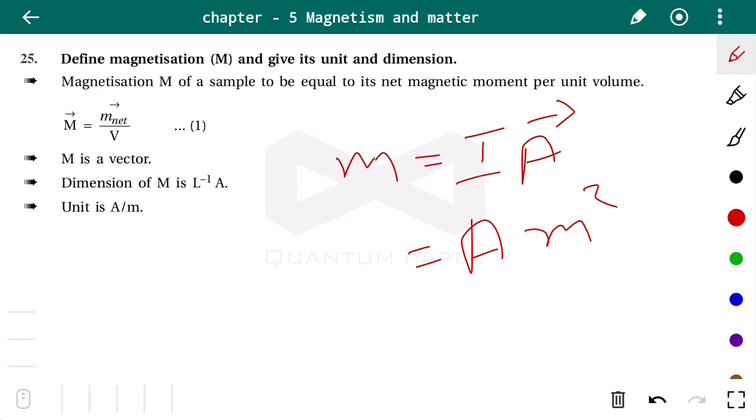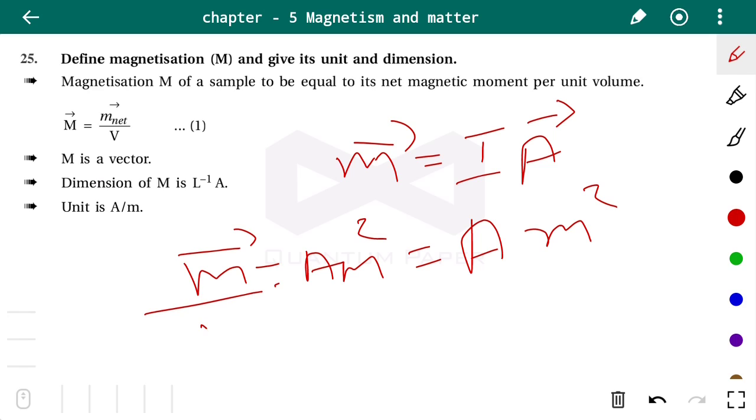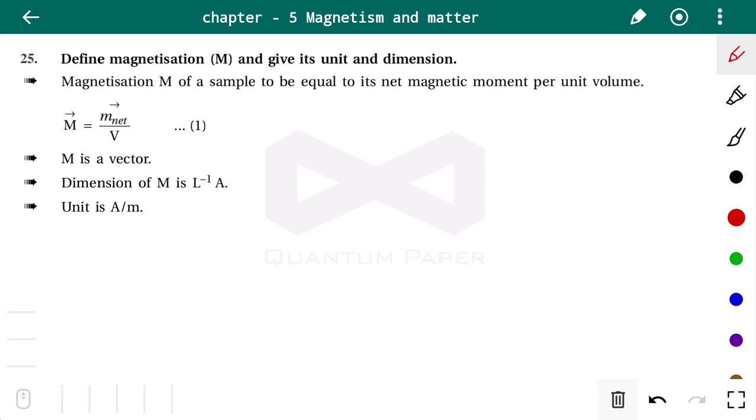So the magnetic moment has unit ampere into meter square, divided by volume whose unit is meter cube. So these get cancelled out and we have the unit ampere per meter.